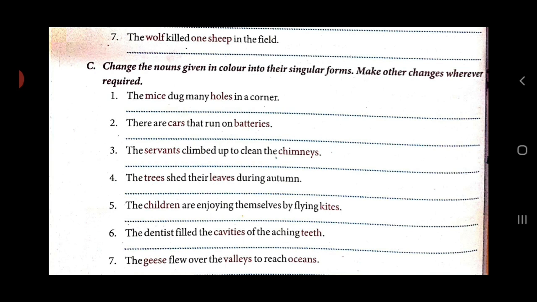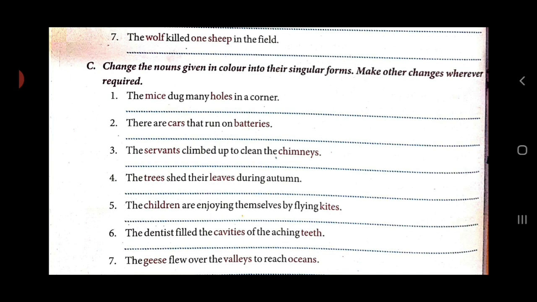The mice dug many holes in a corner. Now the words given in pink are mice and holes. So when we change them into singular, mice becomes mouse and holes becomes hole. Okay, now what will be the sentence? The changed sentence: the mouse dug a hole in a corner.